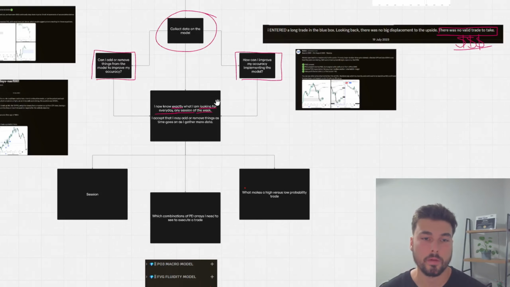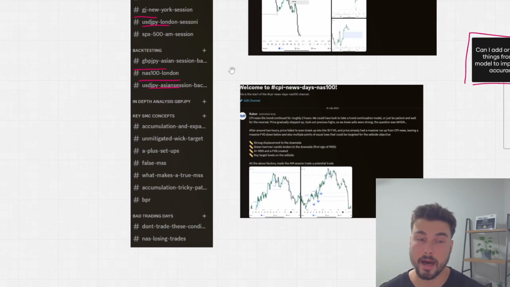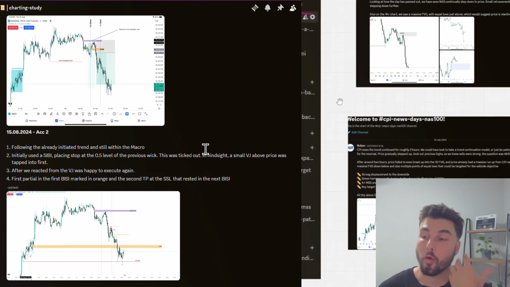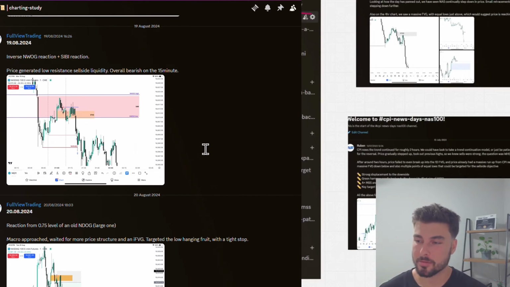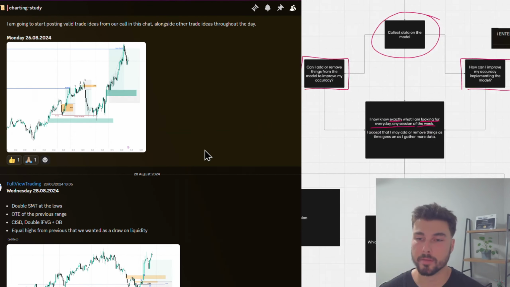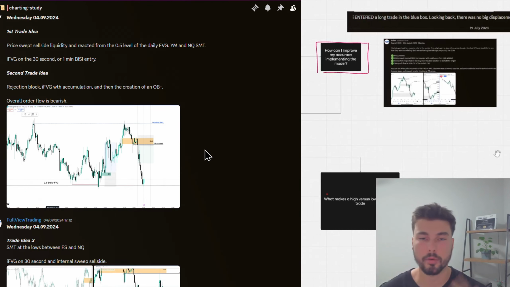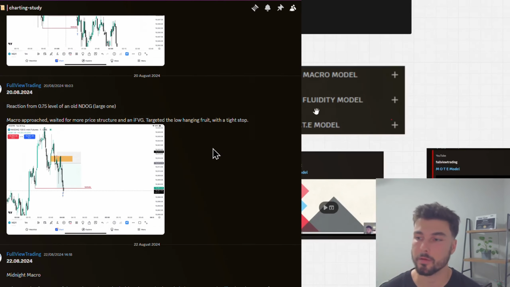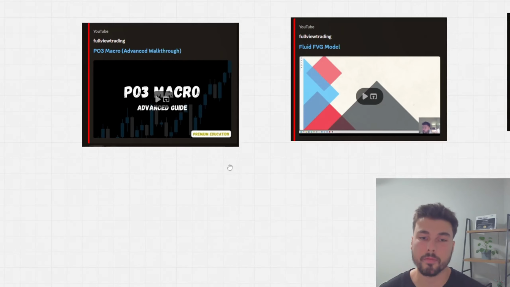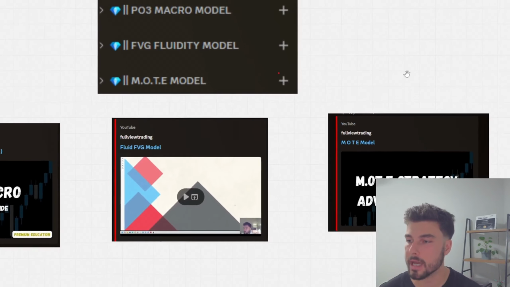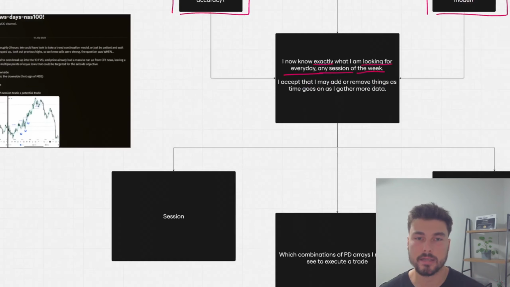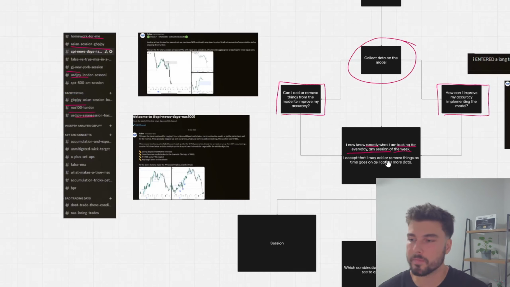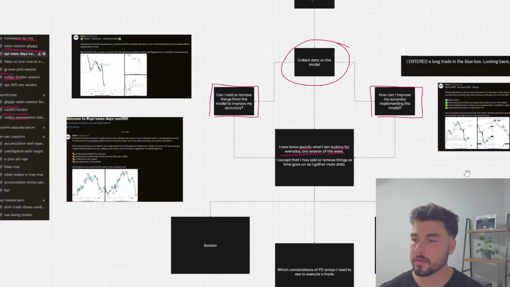This just illustrates the work that's required. I've been collecting data, and I still do to this day, for months and years, every single day. Now for the premium Discord, every single day I'm putting posts in there. Every single model I've developed, and these are my three models, has come from hours and hours of backtesting, studying, data collection, hours of losing and winning, thinking I knew everything and then getting knocked down.